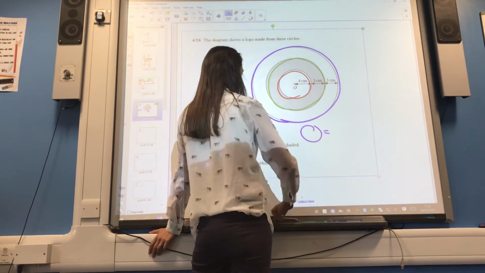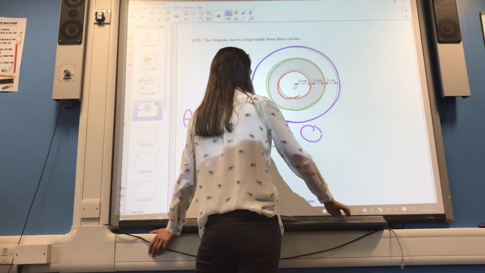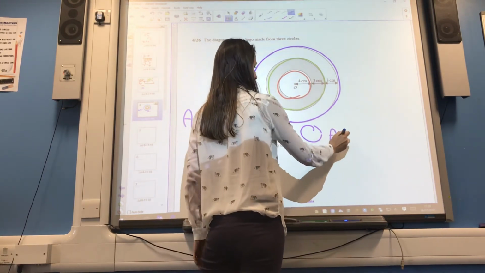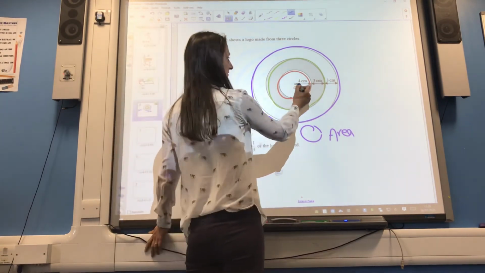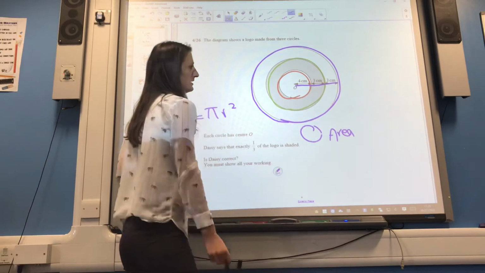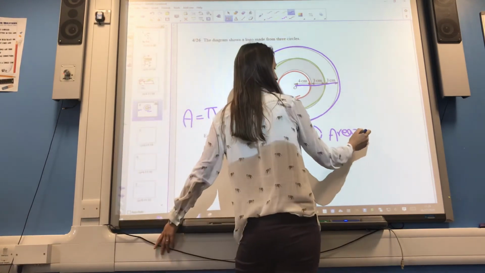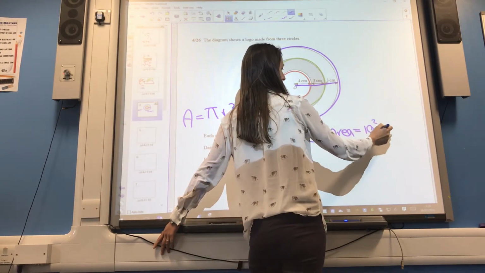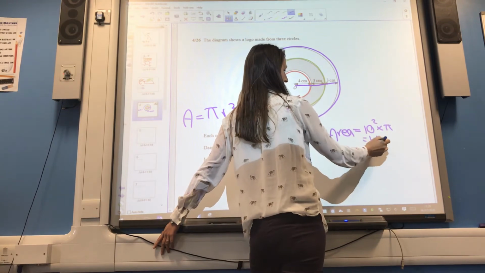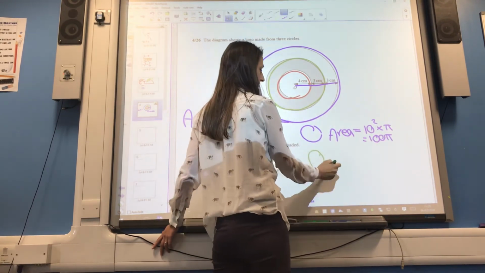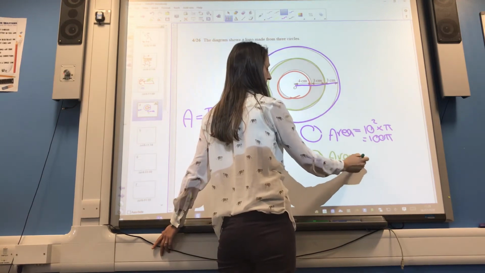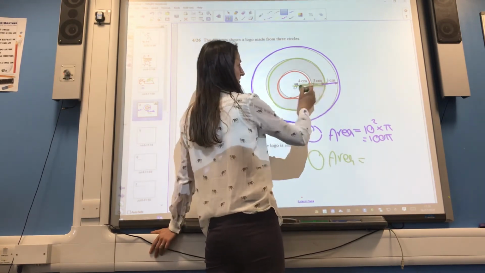For the big circle, your area is going to be the radius squared. The radius of the blue circle is all of that, so that's going to be 10 squared times pi. That is 100 pi.